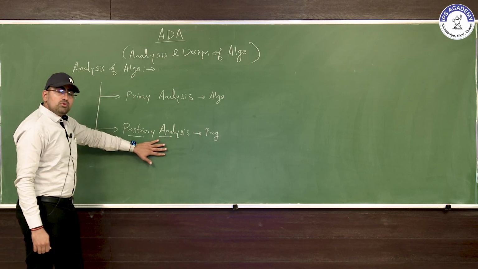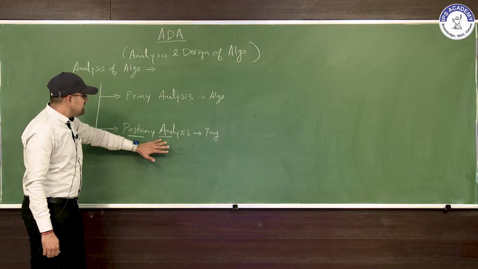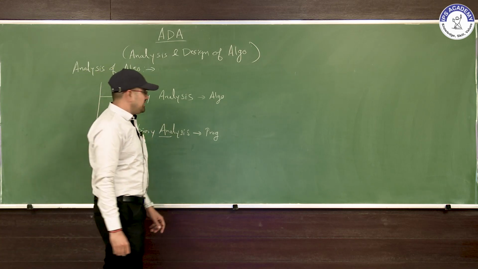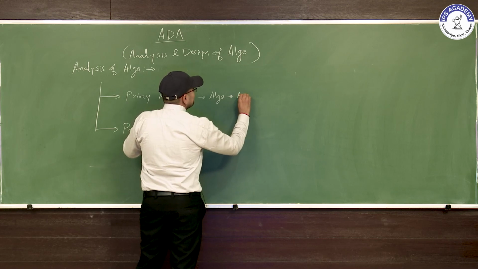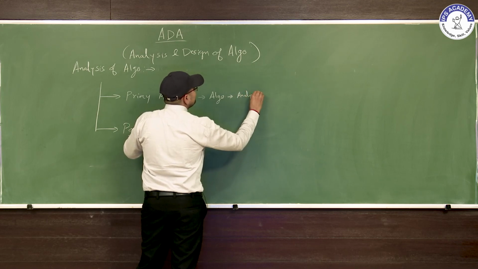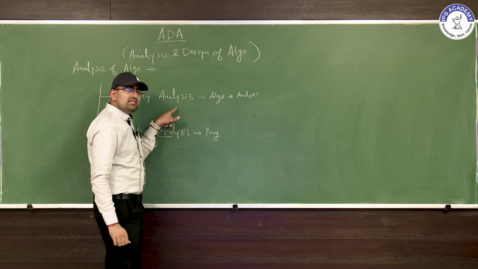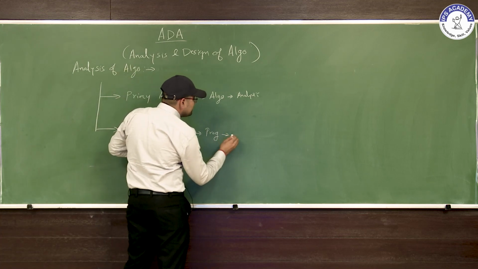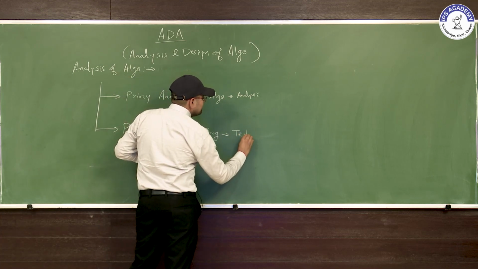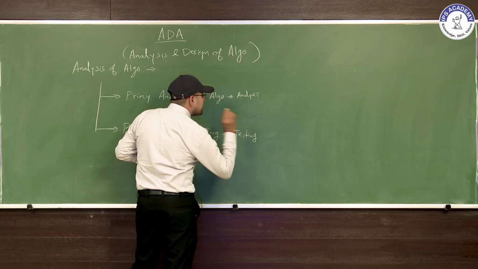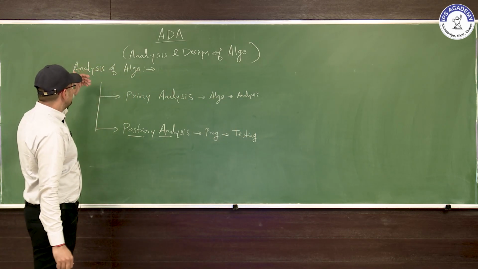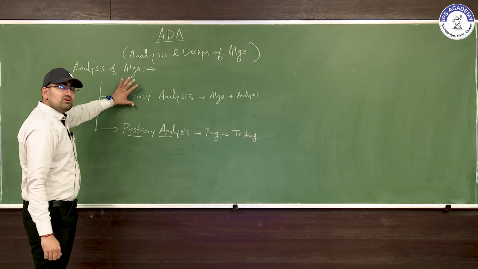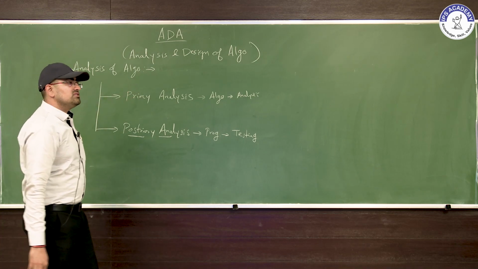As far as programs are concerned, we go for posteriori analysis, that is, we perform testing. So these are the two categories of analysis, and mainly we are going to focus on the priori analysis of algorithms.